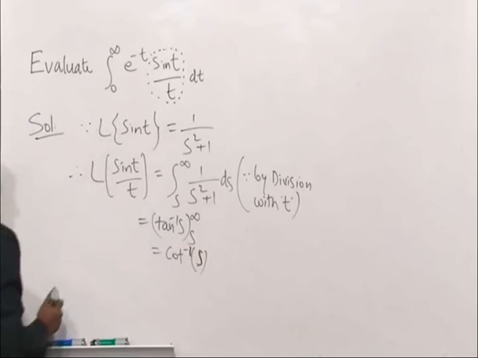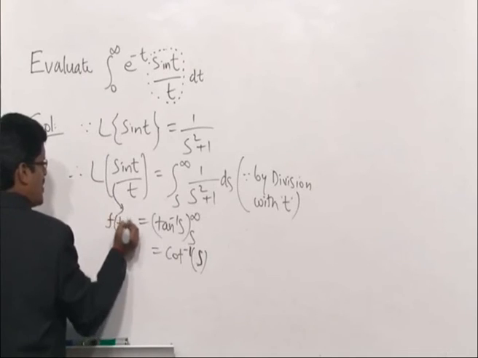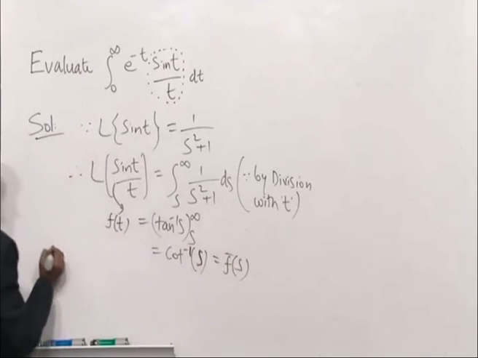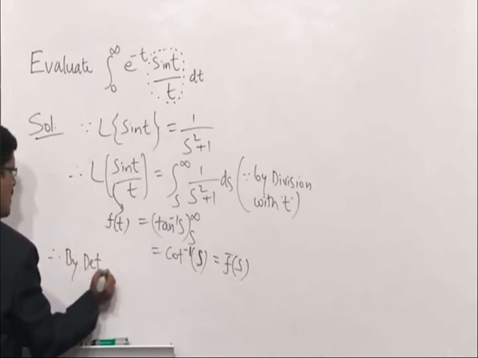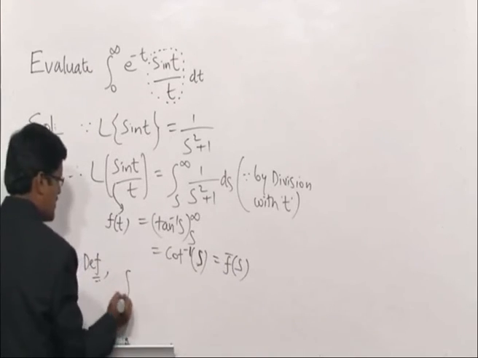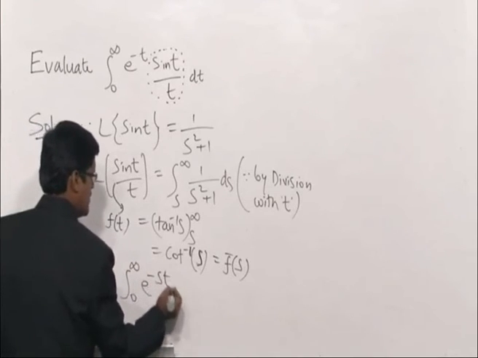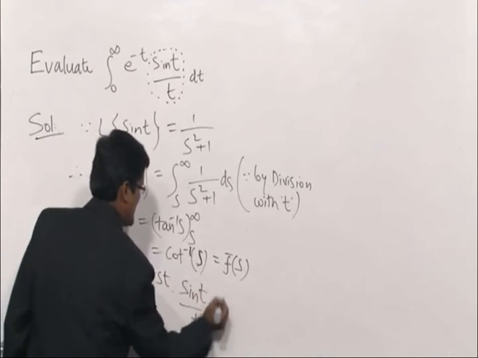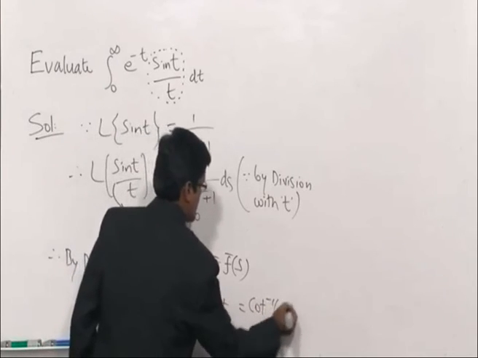So now I am comparing this inside term as f of t. So L of f of t is denoted by f of s. Therefore, by definition of Laplace, what is that? The integral 0 to infinity of e power minus st into sin t by t dt is equal to cot inverse s.